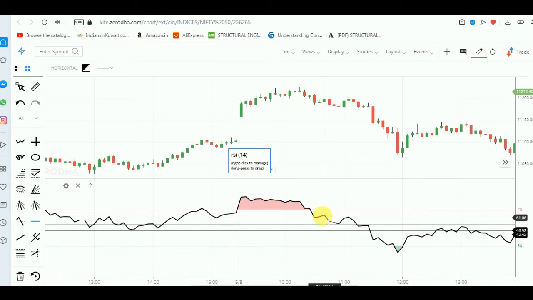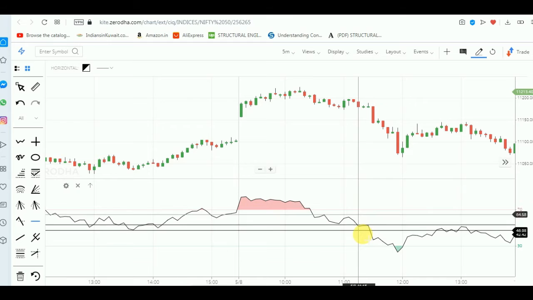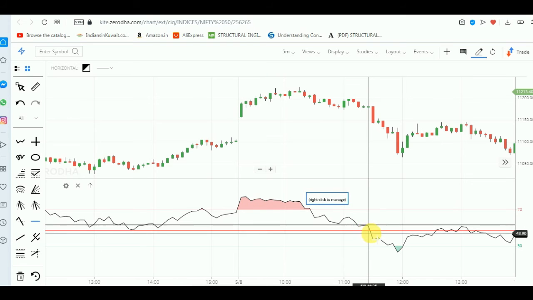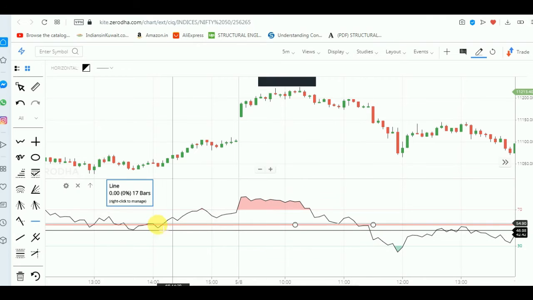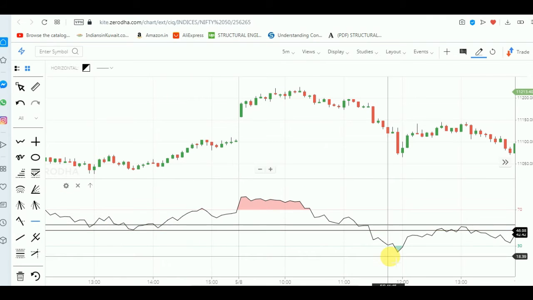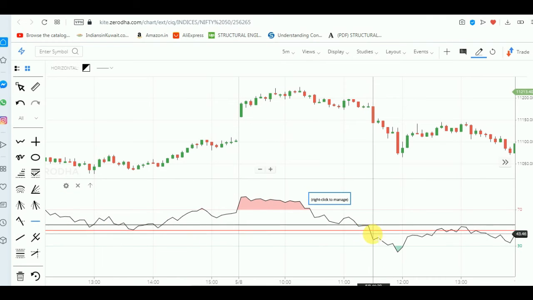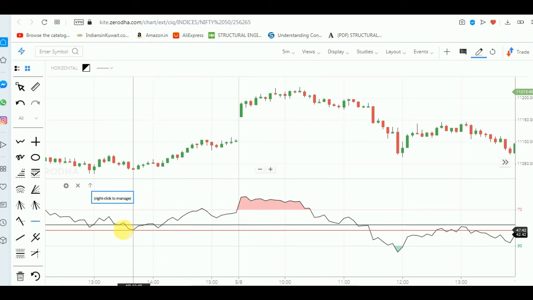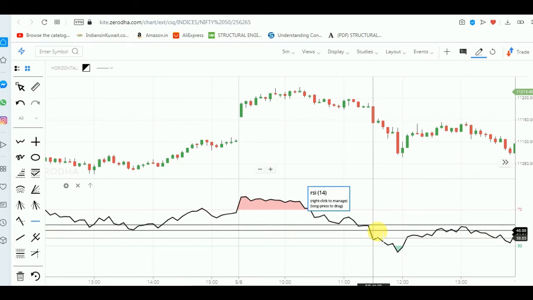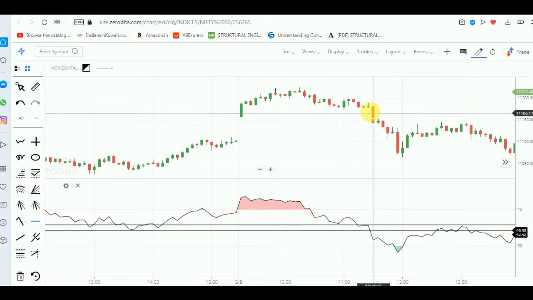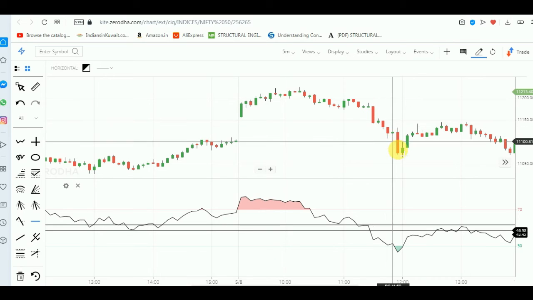So after that, when it reached this level, when it is breaking these levels continuously, if you draw a line here, this is breaking the earlier levels. So from this location it had a great movement, right?